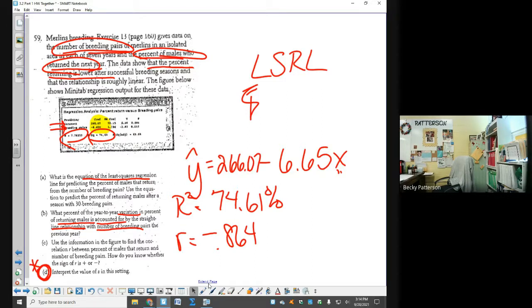I recommend flashcards for your rubber stamp sentences. You need a flashcard for slope, for y-intercept, for residual, for R, for R squared, for S. I would make flashcards for all of that so that you get a hang of those sentences.